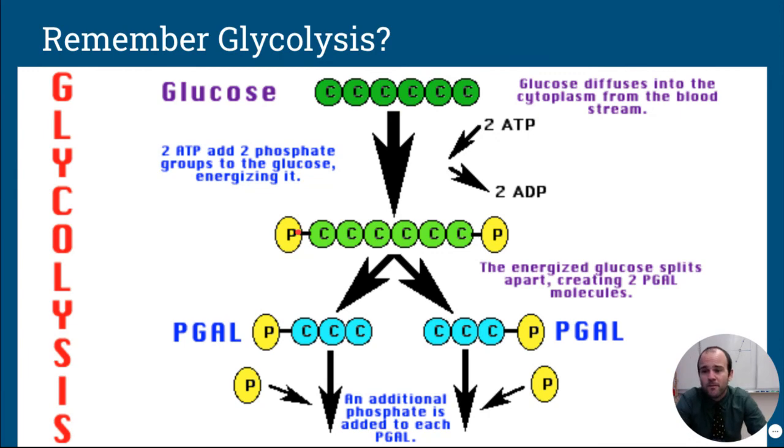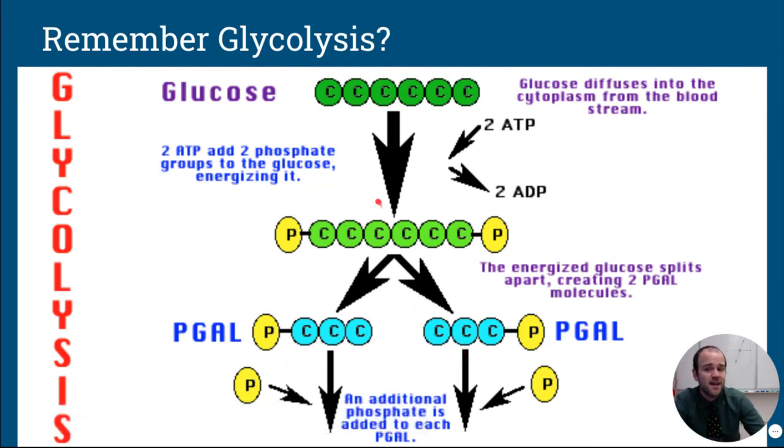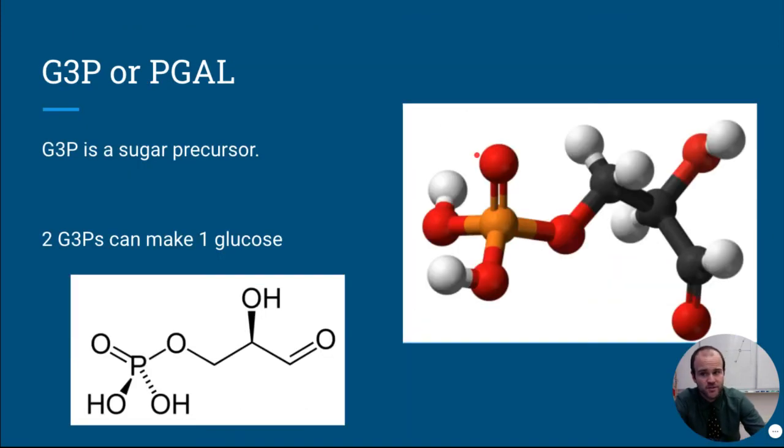And so if you remember glycolysis, glucose gets broken down into 2 3-carbon sugars that end up as pyruvate. One of those intermediaries is PGAL, basically a 3-carbon sugar. Once we have the products of the Calvin cycle, we're just going to reverse glycolysis to build those 6 carbon sugars.